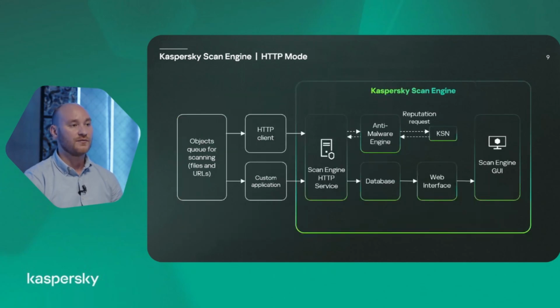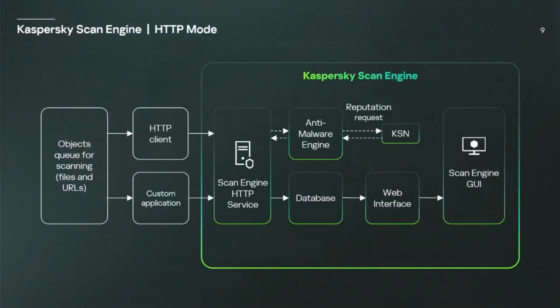Let's have a closer look at HTTP mode. On this slide, we have a diagram explaining how Scan Engine interacts with client application in HTTP mode. We have here 4 main components. First is the client part.